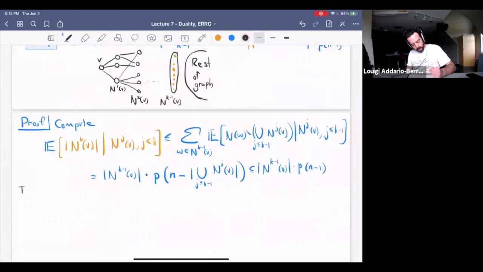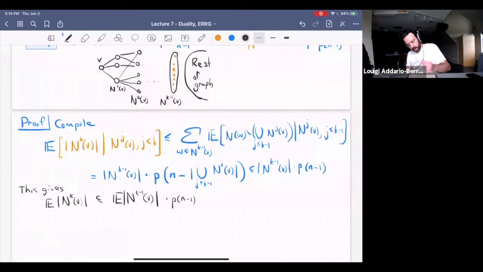So we'll take expectations on both sides, and this gives that the expected size of N_k(v) is at most the expected size of N_{k-1}(v) times p(n-1). And so by induction, that's at most (p(n-1))^k.